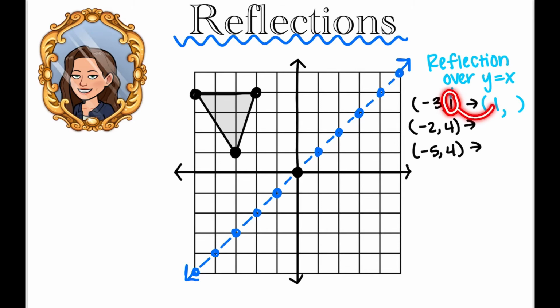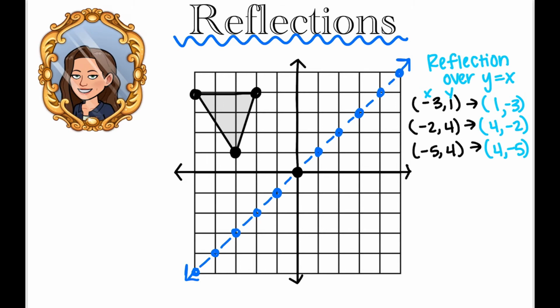And vice versa, x is equal to y. So my x value, which was 3, now becomes my y value. So really all that's happening is the x's and y's are switching places.